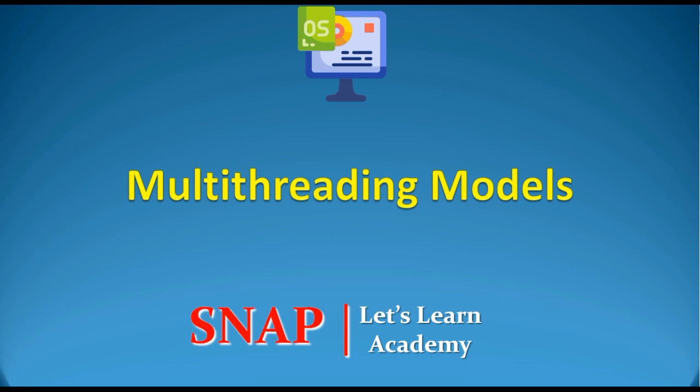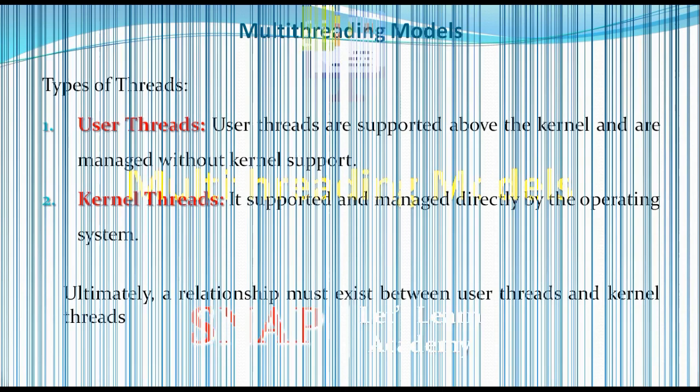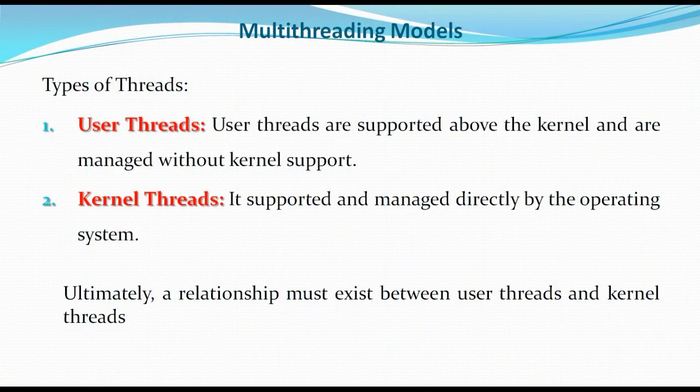In multi-threading models, in a generic sense, we have seen threads so far. However, threads may be provided either at the user level or at the kernel level. Therefore we have two types of threads: user thread and kernel thread.